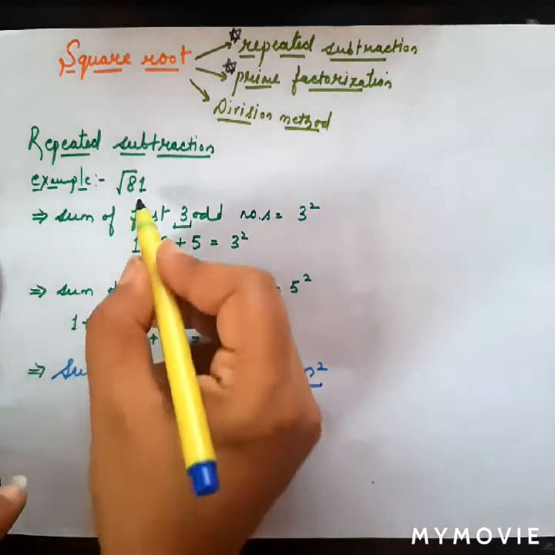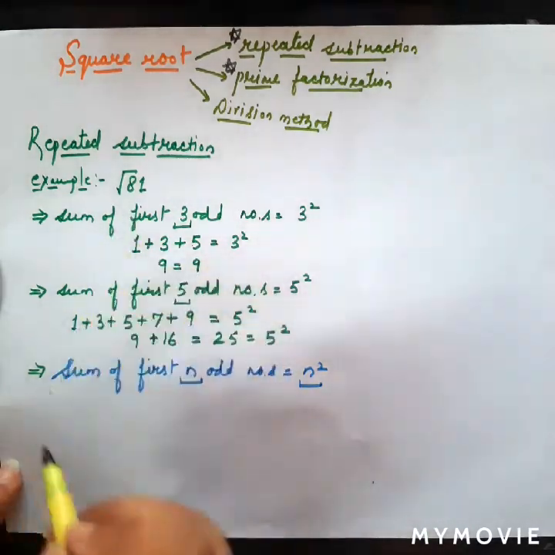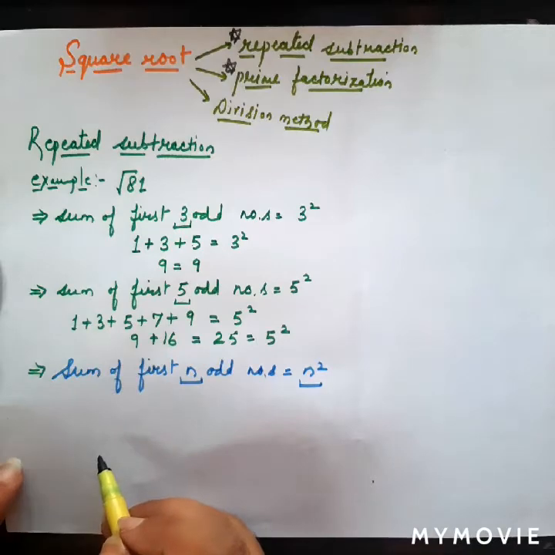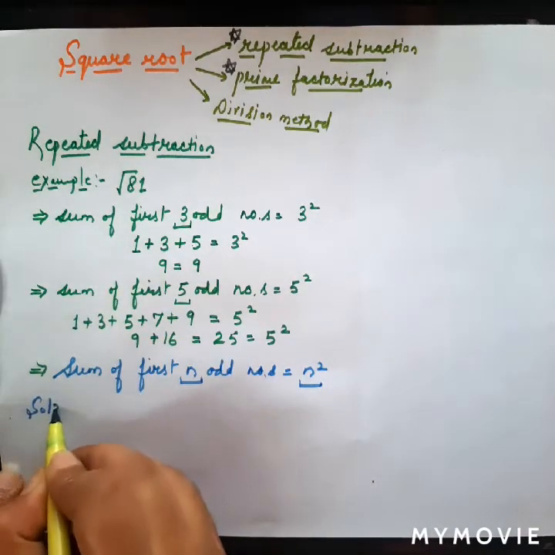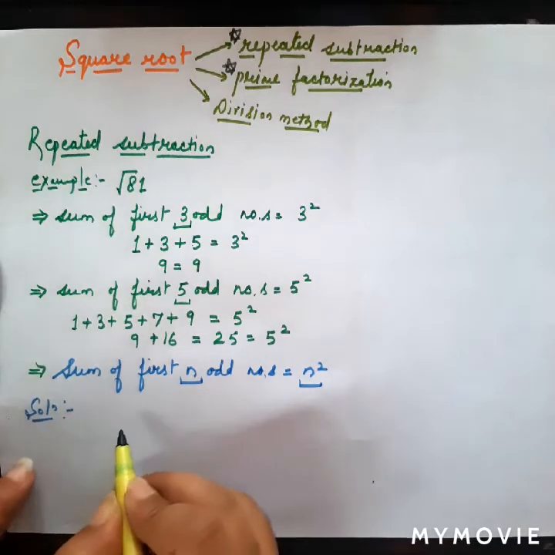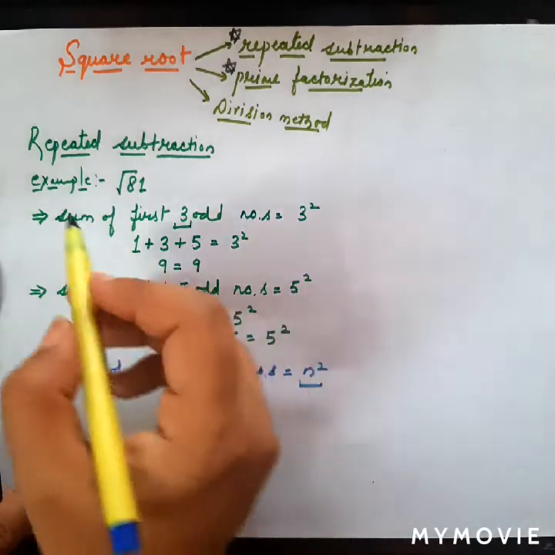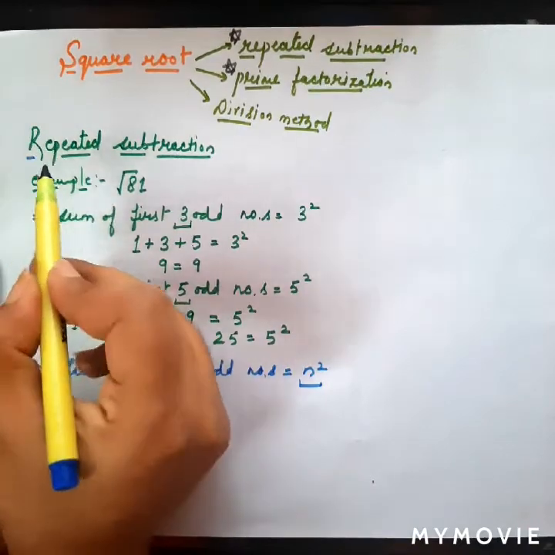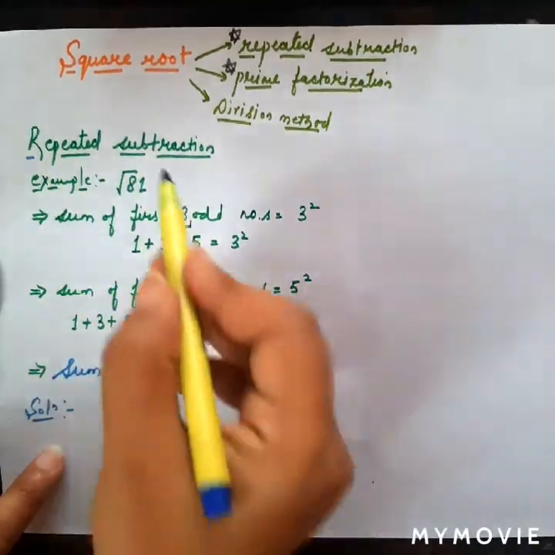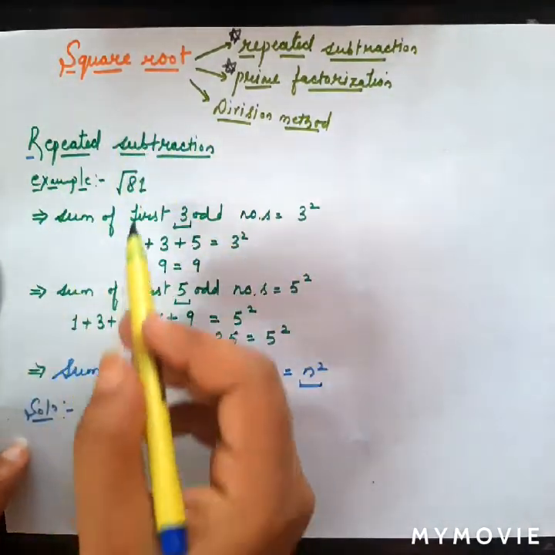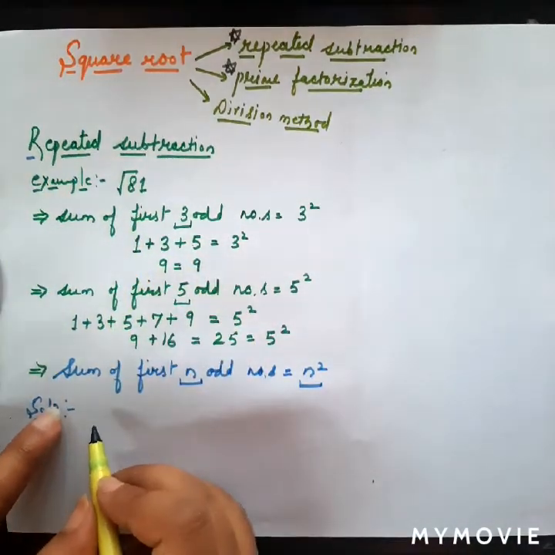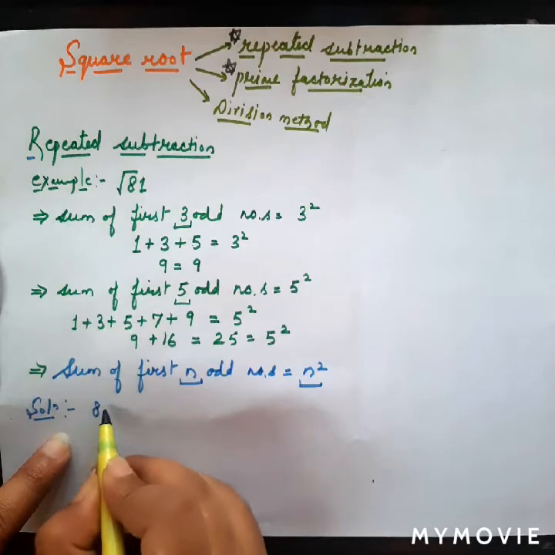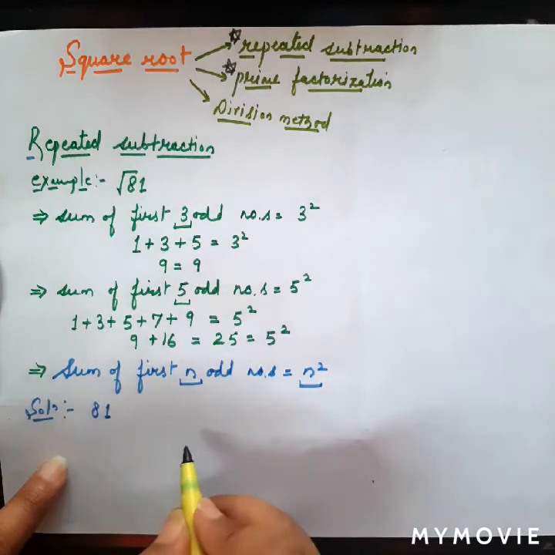In the same way, we were talking about how to find the square root of 81. The name of the method is repeated subtraction, so we will subtract odd numbers from 81 repeatedly till we get 0.